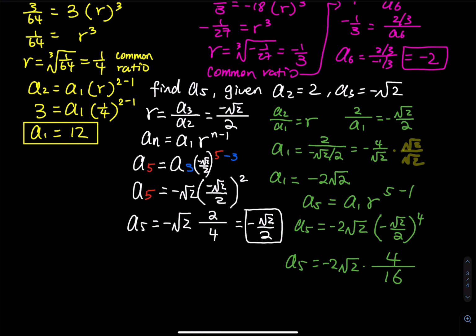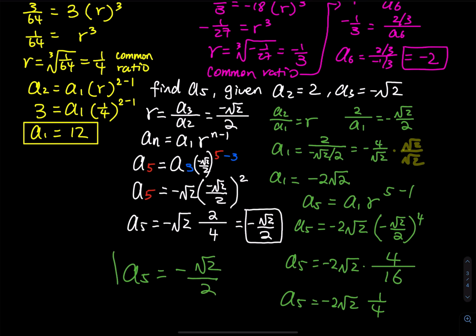And then that one becomes what? This becomes 2 root 2. I want to do it step by step, 1 over 4, and then the 4 and the 2. So you have a5 equals a negative root 2, and then the 2 and the 4 becomes a 2. So this is another way to get the final answer.